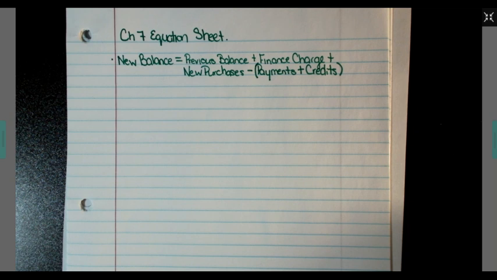This is a statement that shows the status of your account, including all purchases, finance charges, balance, payments, and credits, and the amount in your account. Finance charge.